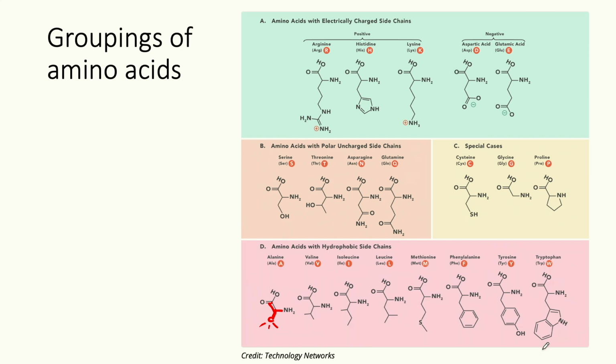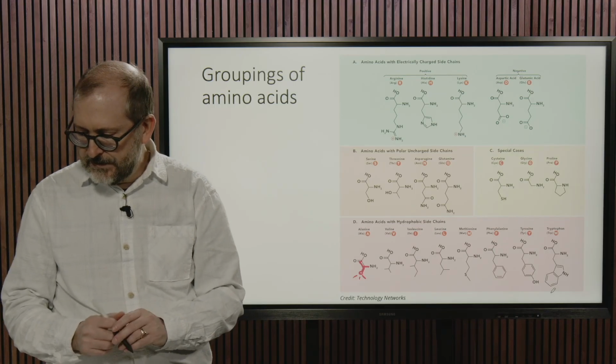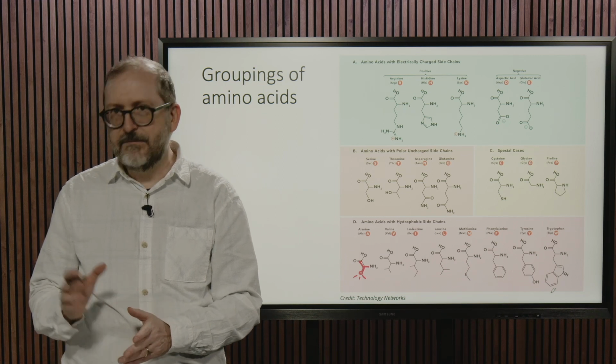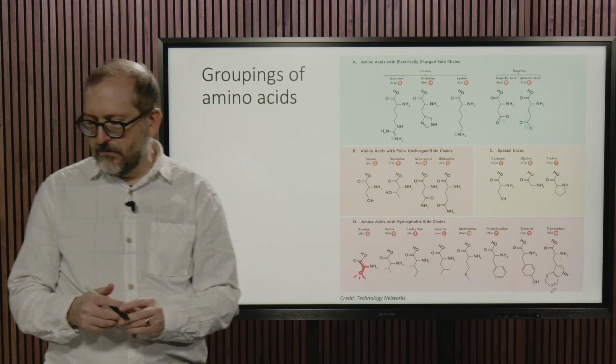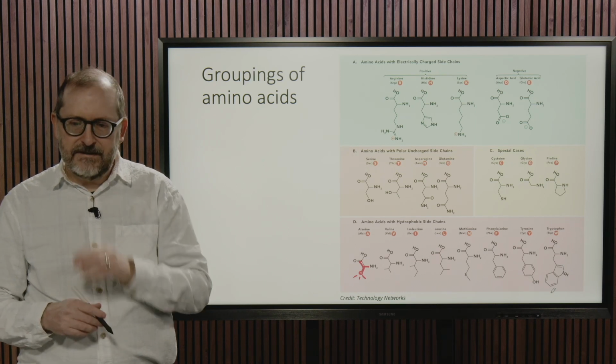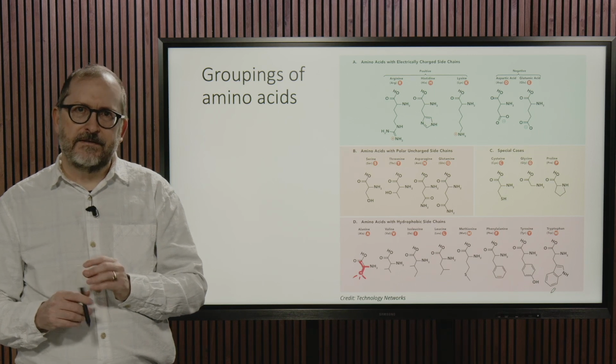The hydrophobic residues, some of them are very clearly hydrophobic, but there's some that are on the boundary. And one thing that you should understand is that there's really no such thing as a hydrophobic force.